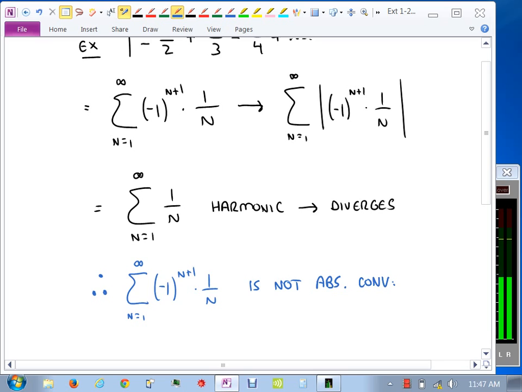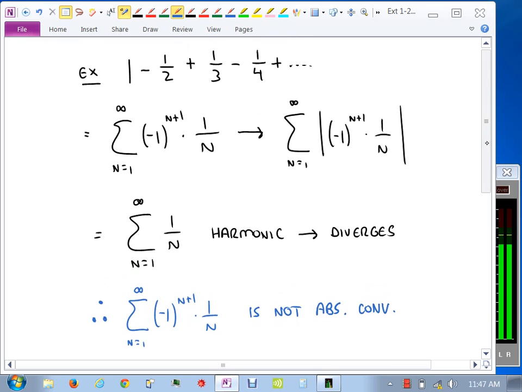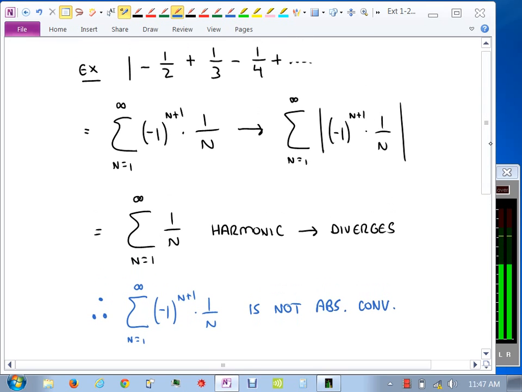We will not say it's absolutely divergent because we actually don't even know what the sum does. This sum up here that I started the problem with, 1 minus a half plus a third minus a fourth, we don't know if it converges or diverges. The only thing we know is that the absolute value of its terms does not converge. So it is not technically absolutely convergent.